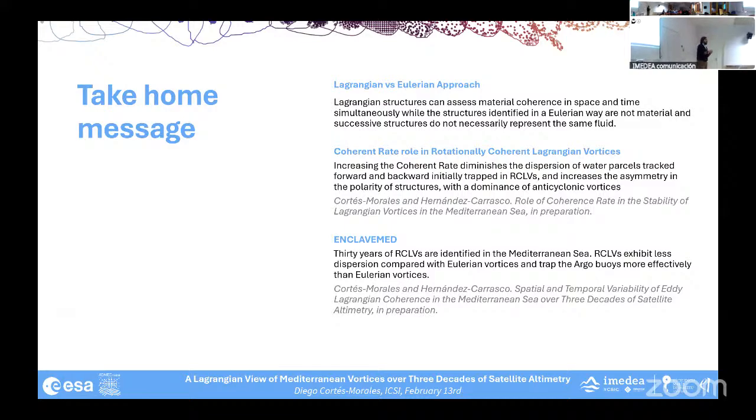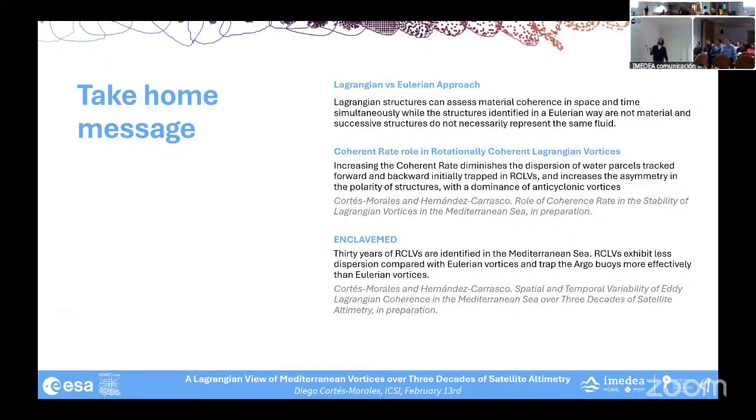However, with the Eulerian point of view, even if we can track through time, we cannot assure that the material contained within an Eulerian vortex is kept in time without any spilling or dispersion.